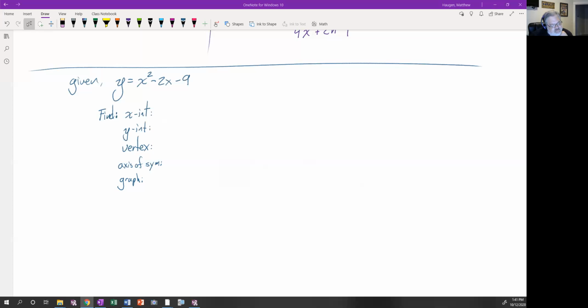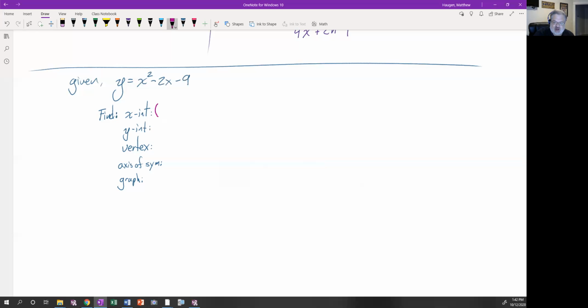So let's see. I want to be real specific here because there are some tools that we use just for quadratics, but there's also some generalizations, particularly for intercepts. How do we find x-intercepts, not just for quadratics, but for anything?